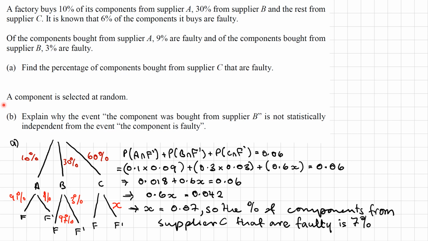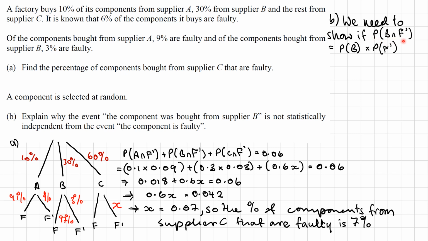Moving on, it says a component is selected at random. Part B, explain why the event the component was bought from supplier B is not statistically independent from the event the component is faulty. So what we need to show is if the probability of B and faulty, is equal to the probability of B times the probability of faulty.